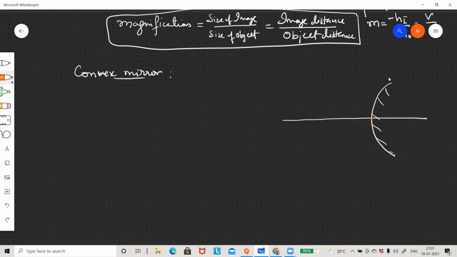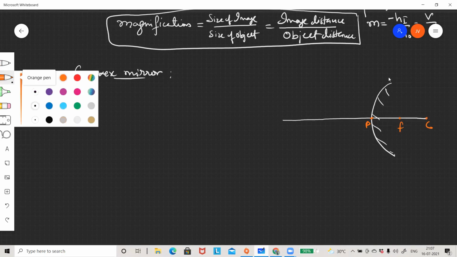So this is the pole and F. I don't know whether I will use a C or not. Okay, so I'll take up some ray diagram here. So this is the object.